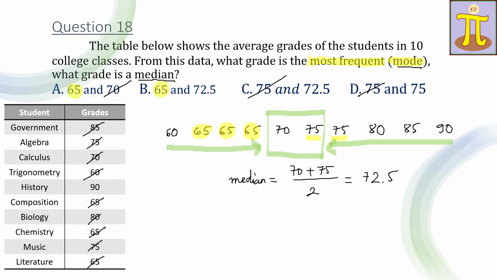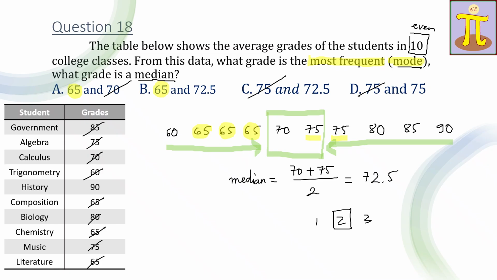Because the number of classes is 10, an even number, when you find the median the middle is 2 numbers. If you have an odd count, for example 1, 2, 3, the middle number is only 1 number, and that is your median.